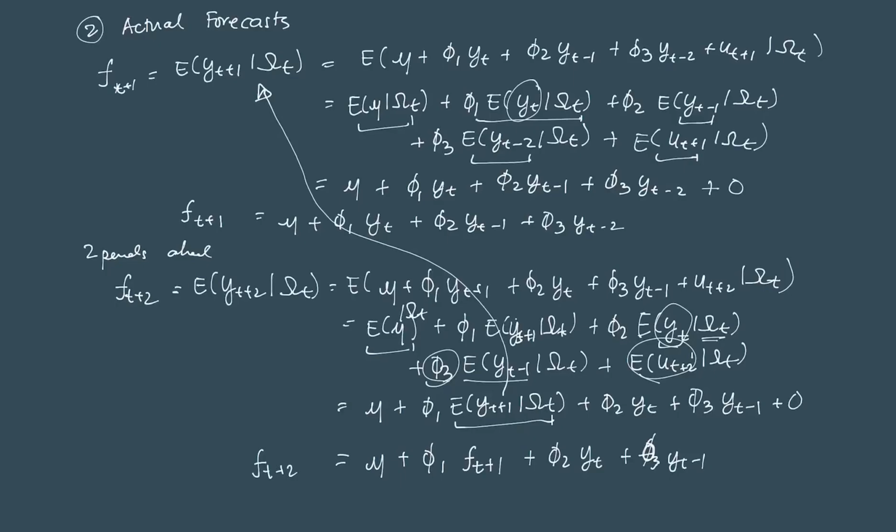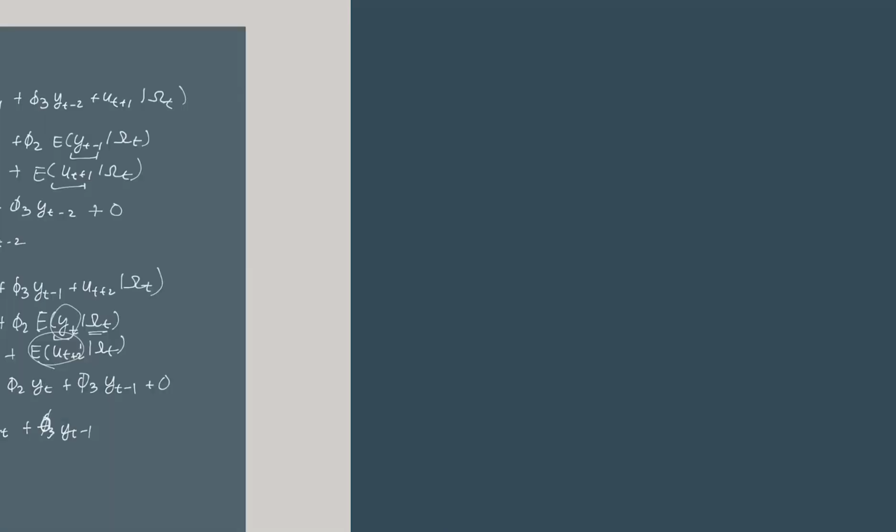So notice there's a trend. We're going to start using our previous forecasts to feed into our newer forecasts. So let's do 3 periods ahead now. That's ft plus 3, which equals the expected value of yt plus 3 conditional on omega t.